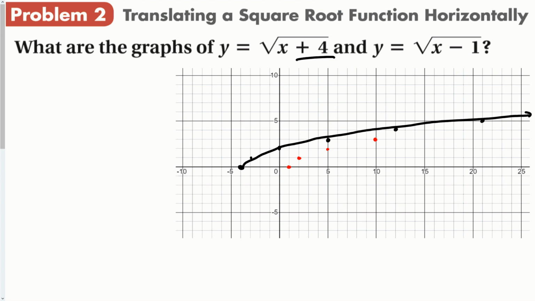Remember, the parent function starts at 0. Okay, so again, don't plug in perfect squares. Plug in one bigger than a perfect square. This number minus 1 should be a perfect square. So like 17 would give me 4. Like 26 would give me 5.